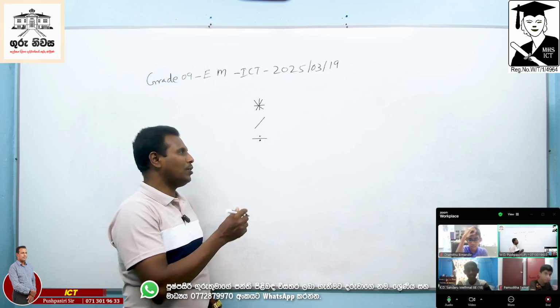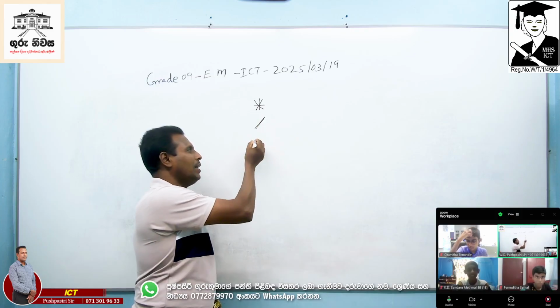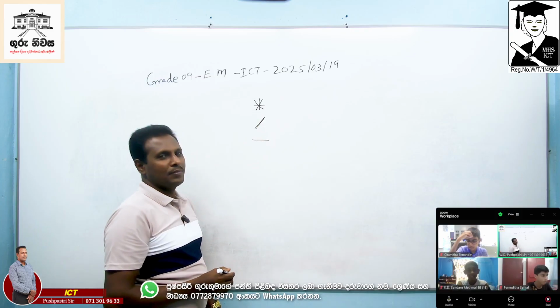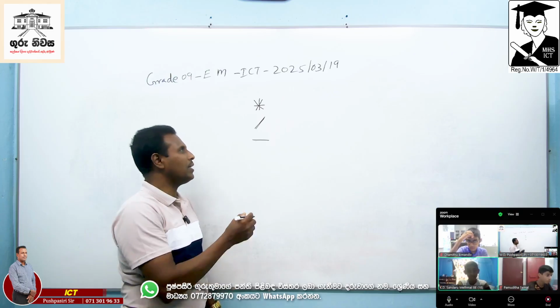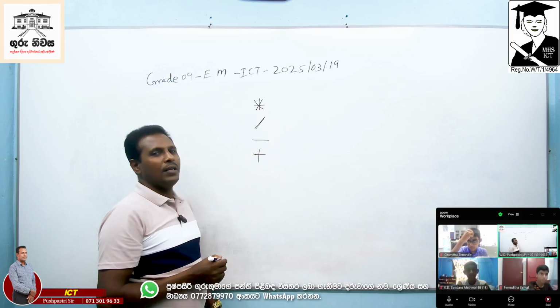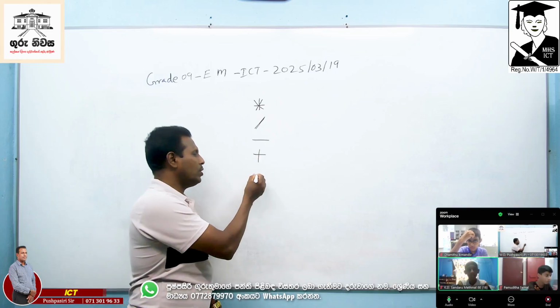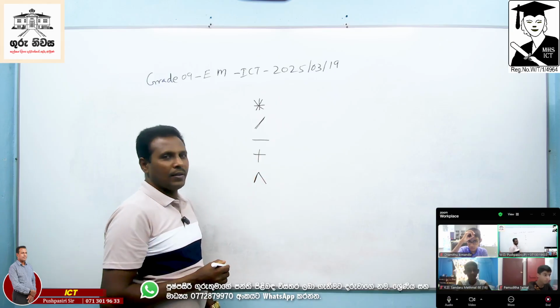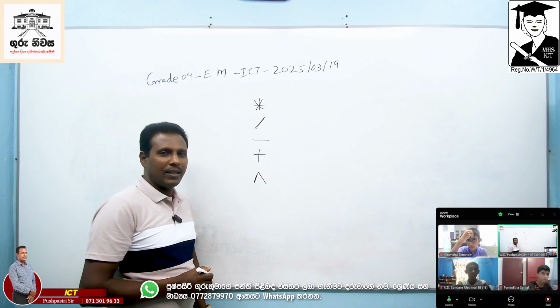So because of this we use this one, right? This one? Minus. Subtraction, right? This is addition, right? This one? Power, right? What are the other things that we have here?